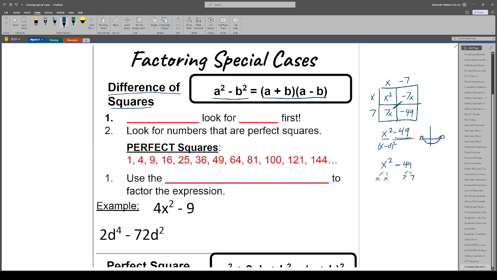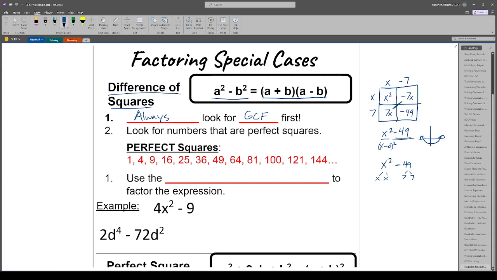But just like every method of factoring, we always look for a GCF before anything else. So the first thing we do when we're trying to factor is look for a greatest common factor among all the terms. After that, we're going to look for numbers that are perfect squares.